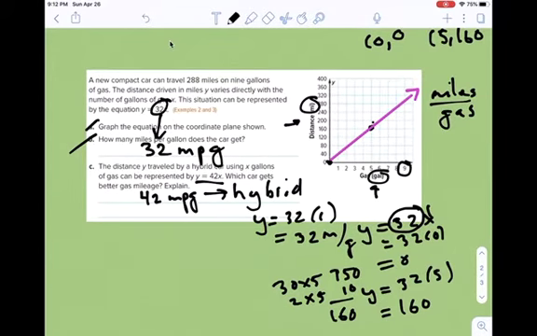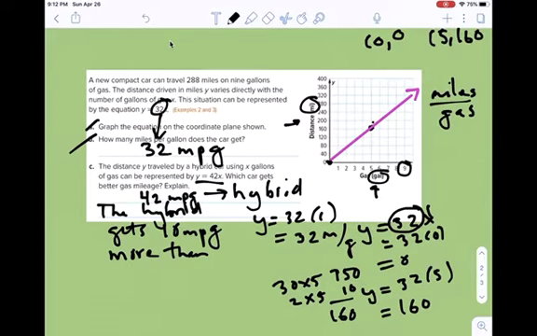Really, there's not much to explain, but you could say the hybrid gets 10 mpg more than the compact car.